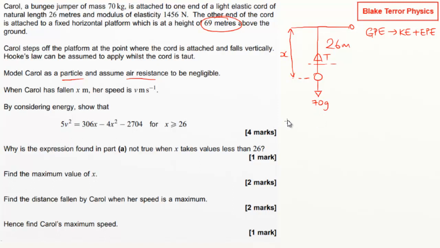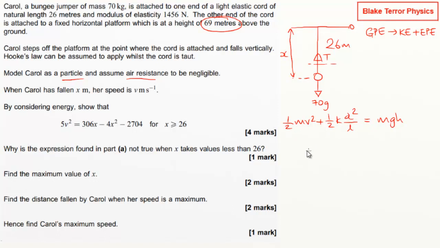So we're going to have a half mv squared plus a half kx squared over L is equal to the change in the gravitational potential energy, which is our mgh. So that's our general equation for all of this.